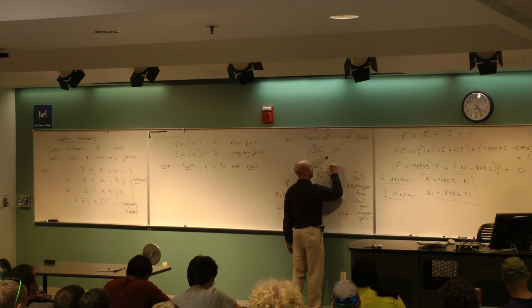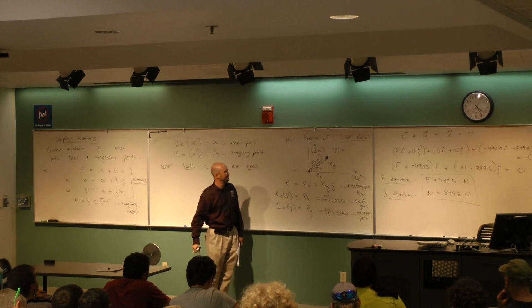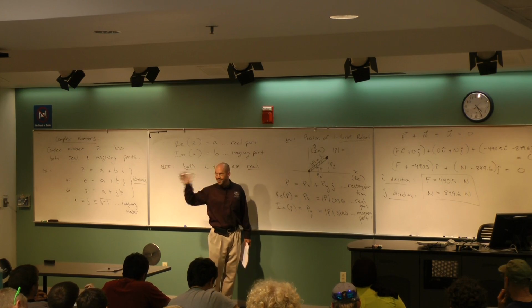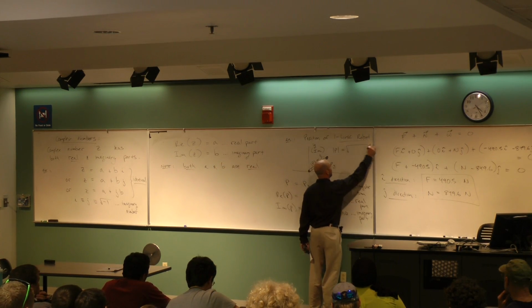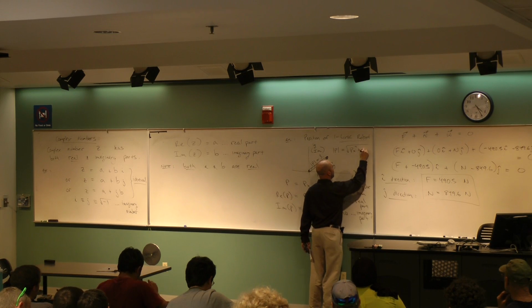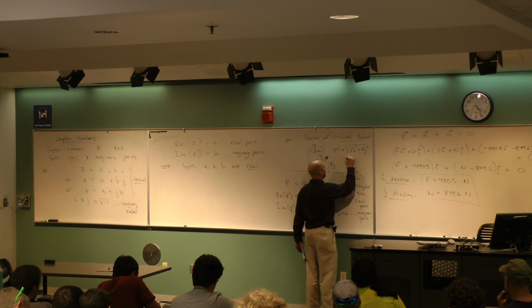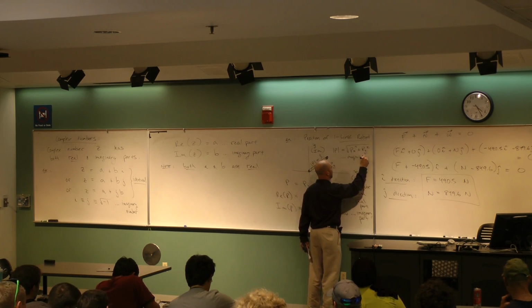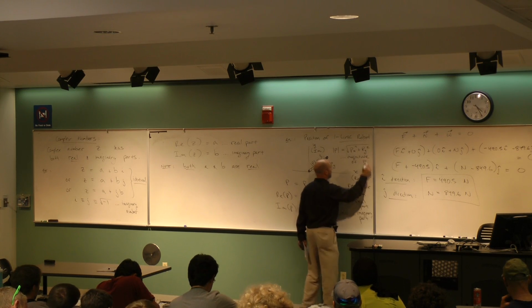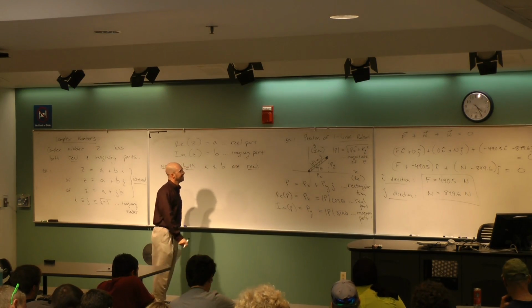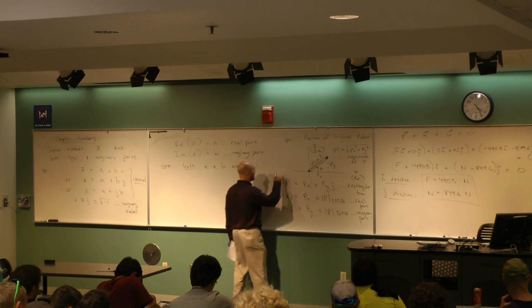What about the magnitude of P? How would I calculate that? It's the same thing, isn't this just the square root of Px squared plus Py squared? This is the magnitude of the complex number P. What about theta? Can I get theta?